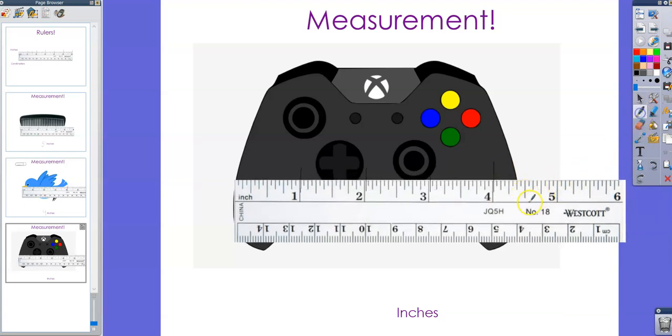So on your own work today, you'll see that sometimes things are closer to this long middle line right here, and we say this is a half line. So this would be 4.5 inches, okay? So we would write that like this, 4 1/2.